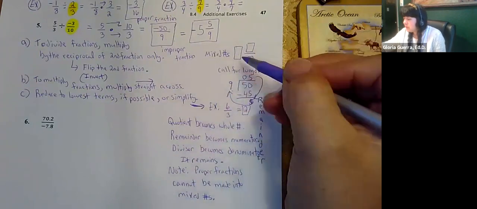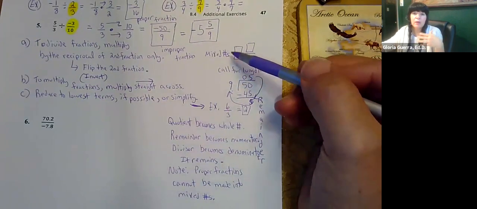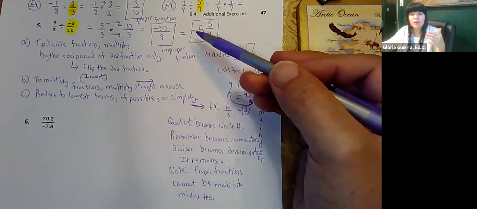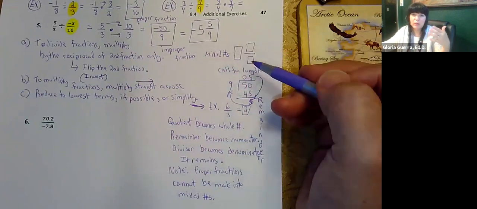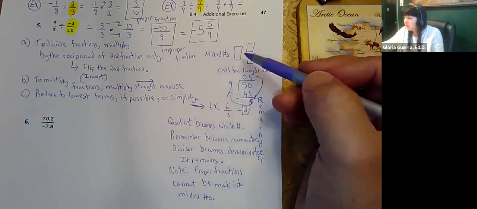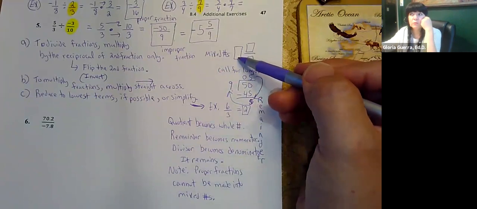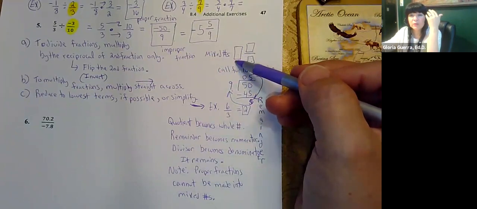See, a mixed number, the way it's set up, is like 1 and 1/9, or like this is 5 and 5/9, or -5 and 5/9. You've got to have a value of 1 and something, 2 and something, 3 and something for a mixed number.